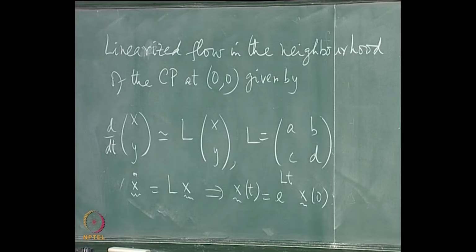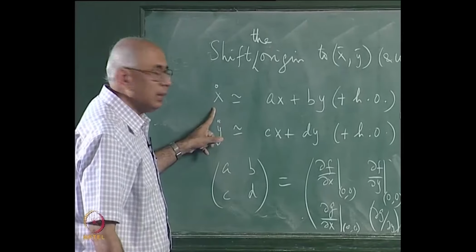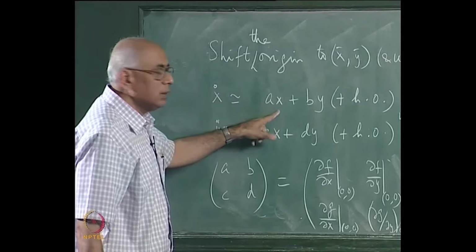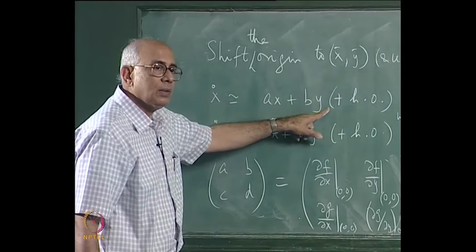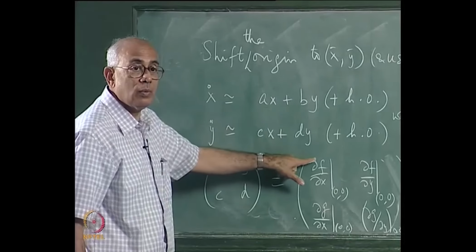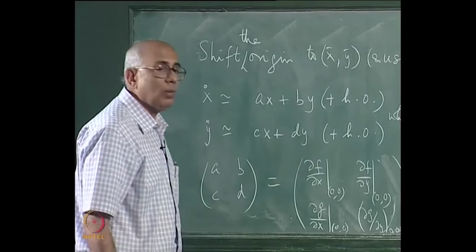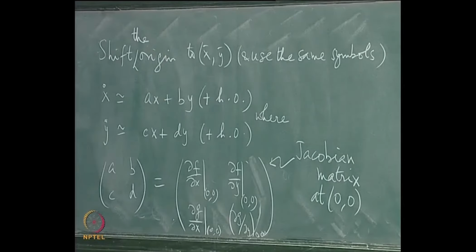You could differentiate this a second time and eliminate y from this equation by getting x double dot is ax dot plus by dot. For y dot you substitute from this equation, but that still involves y. What would you do to get rid of y? How would you eliminate either x or y from the set of coupled equations?